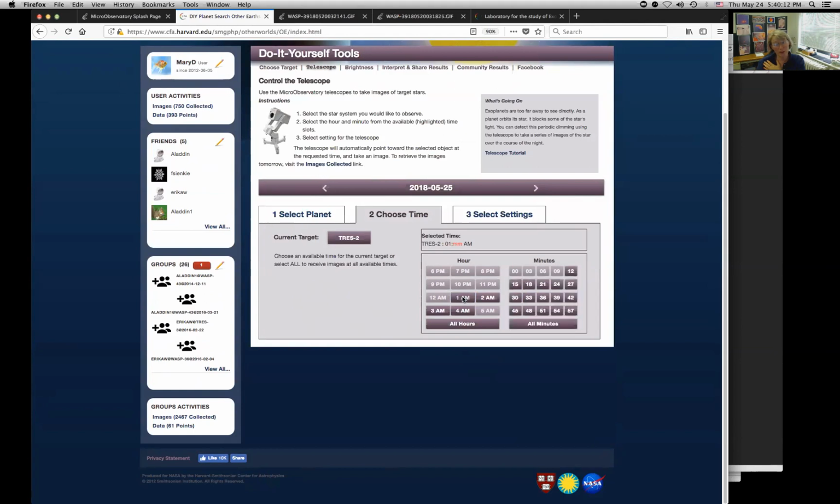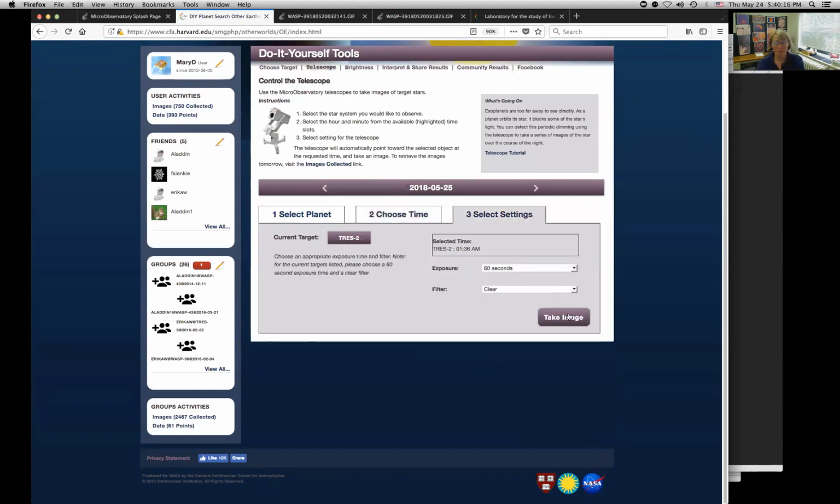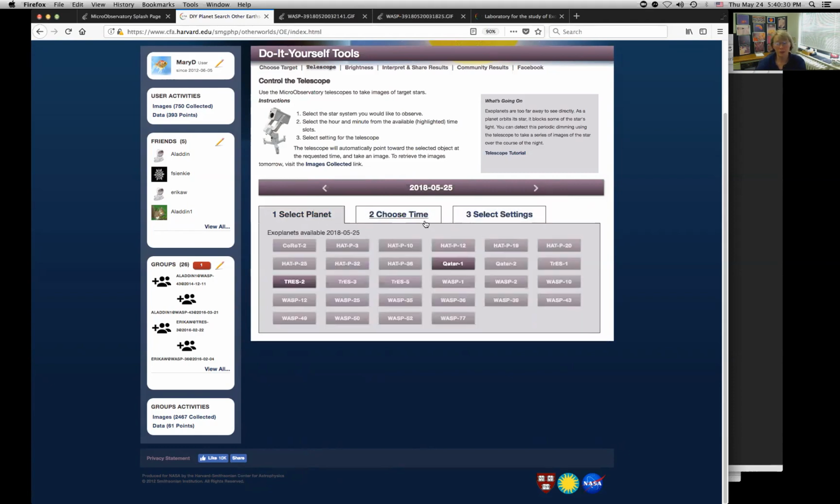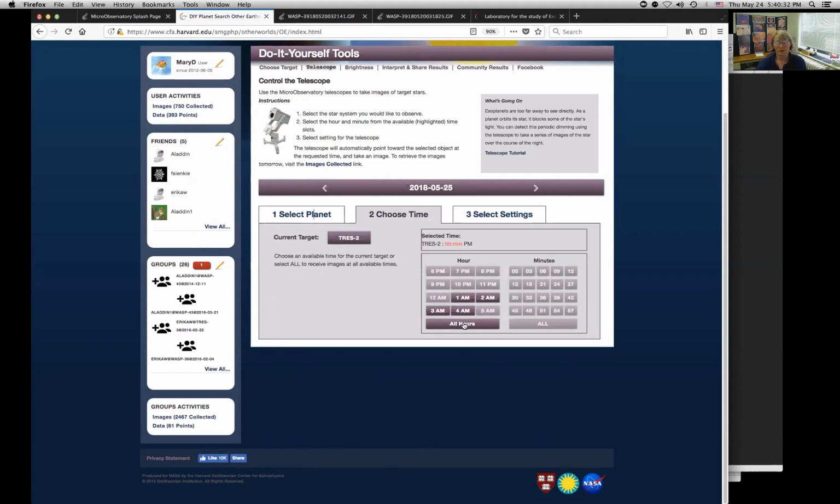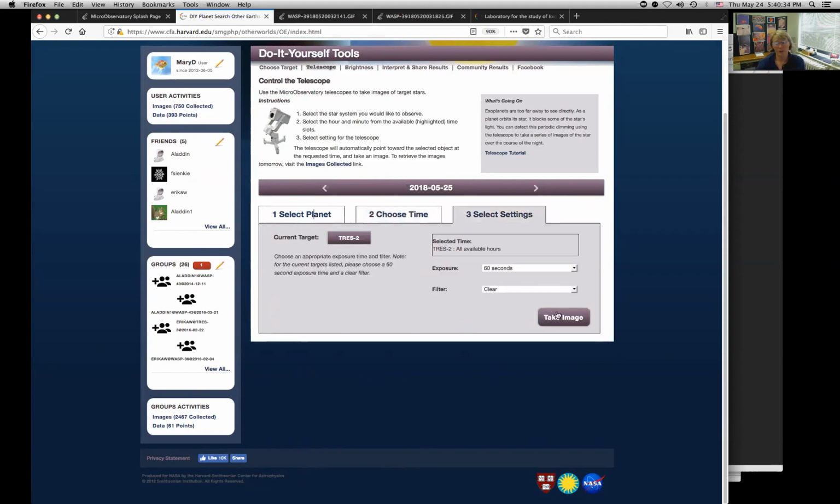If you only choose 1 a.m., 1:36 a.m. and take that image, it's communicating with the database. It's only going to take that one image. So you really want to click on All Hours, take that image, and then it's going to take the whole data set and put it in your account.